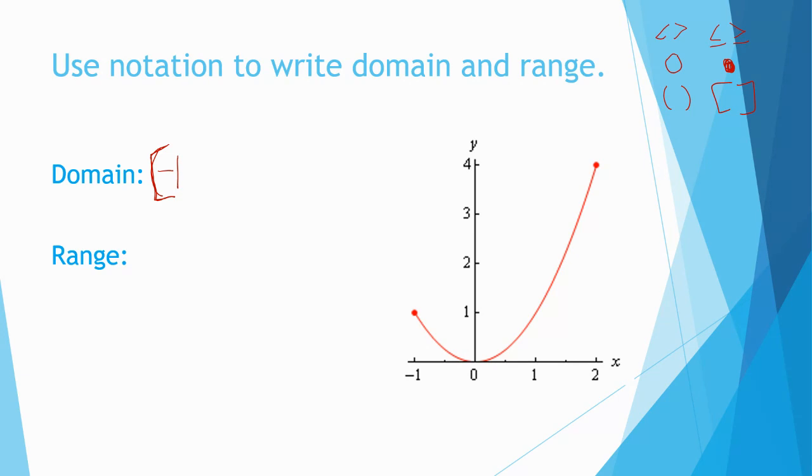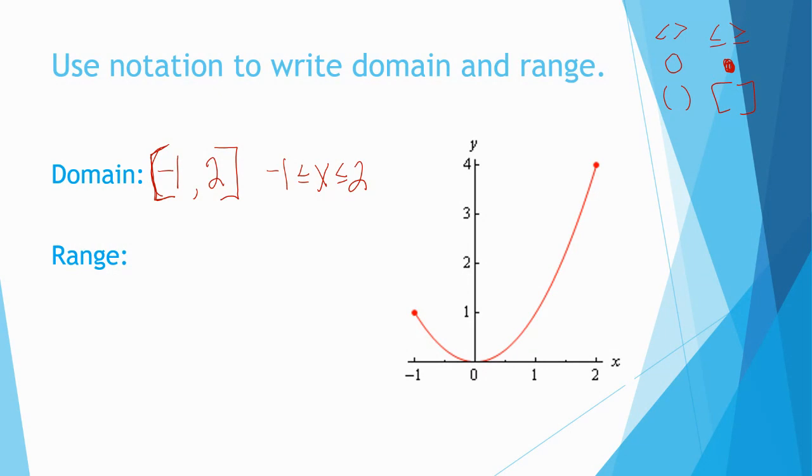I'm also going to go far right. This graph goes all the way to +2, and I'm going to use a bracket for that as well because the graph exists there. If I wanted to write inequality notation, I could do it the same way. -1 is less than or equal to x is less than or equal to +2.